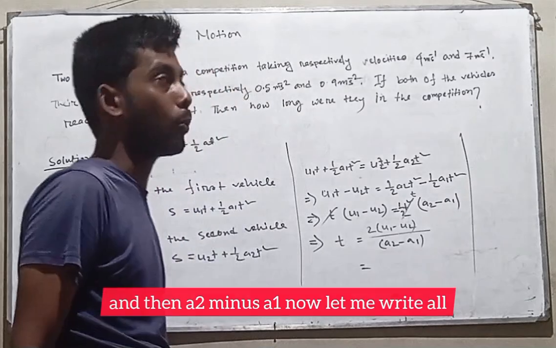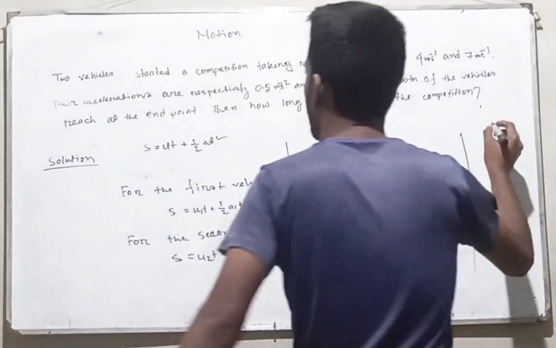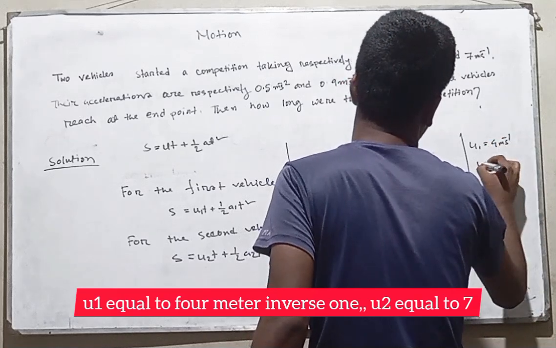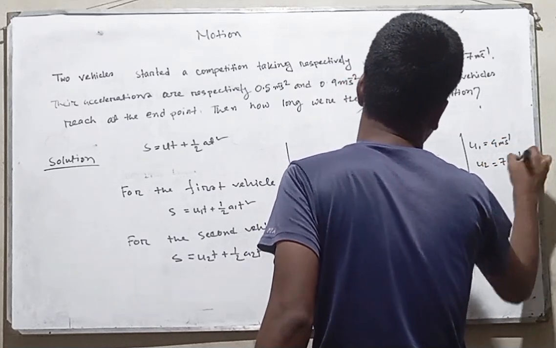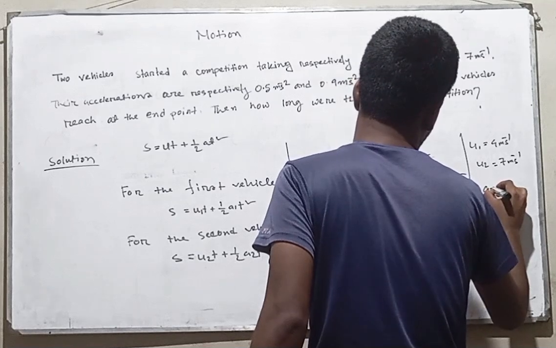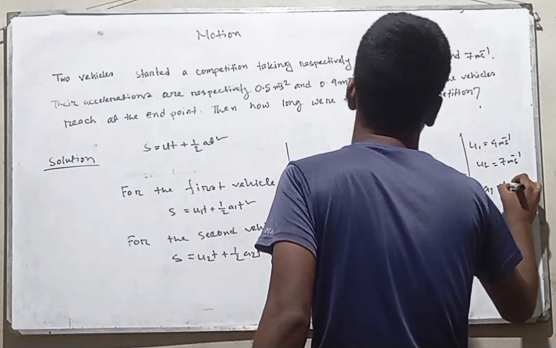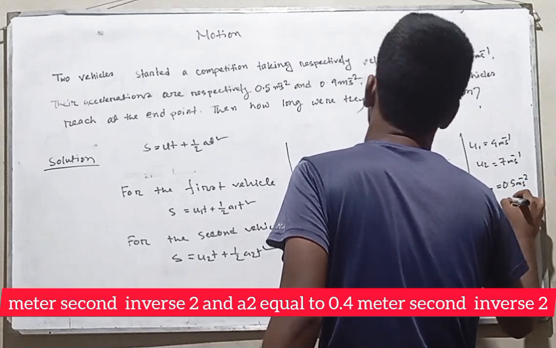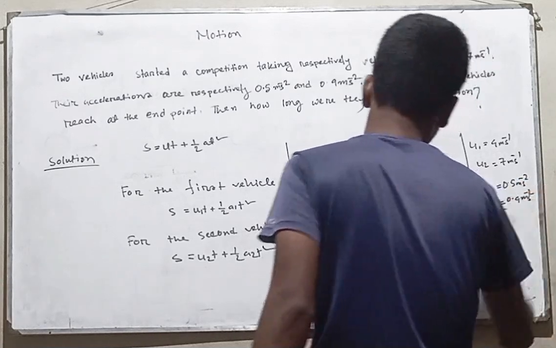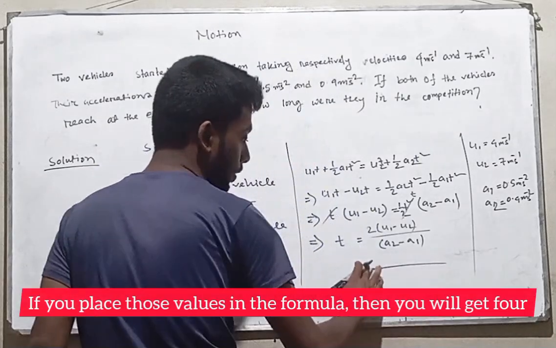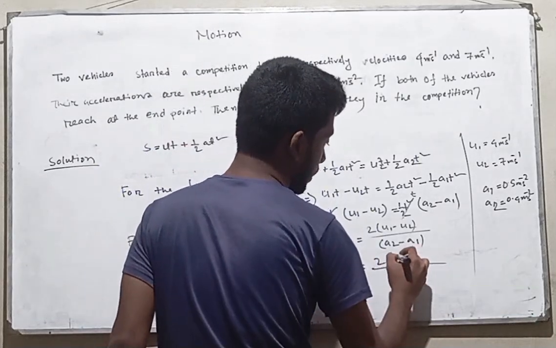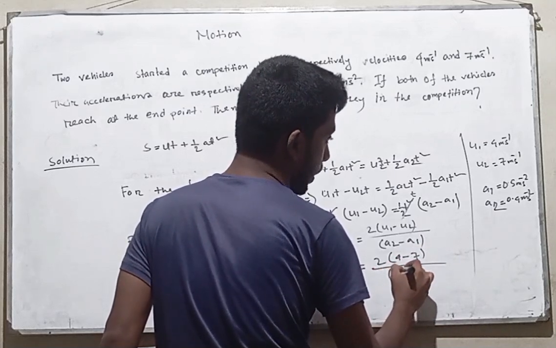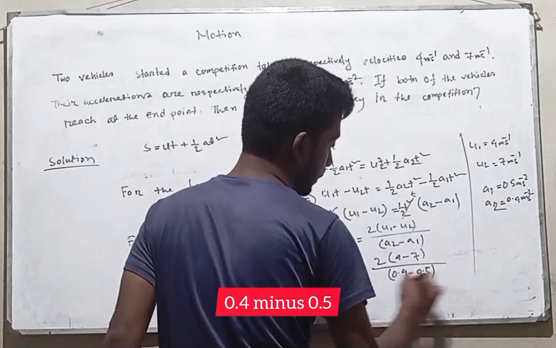Now let me write all those values from the question. u1 equal to 4 meter second inverse 1, u2 equal to 7 meter second inverse 1, a1 equal to 0.5 meter second inverse 2, and a2 equal to 0.4 meter second inverse 2. If you place those values in the formula, then you will get 4 minus 7 and 0.4 minus 0.5.